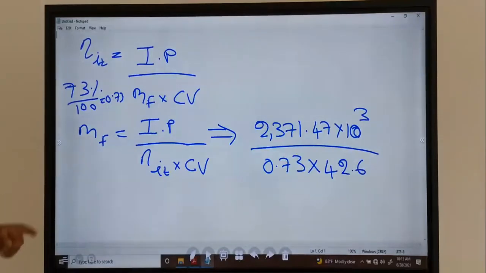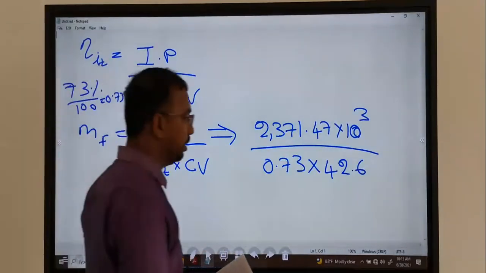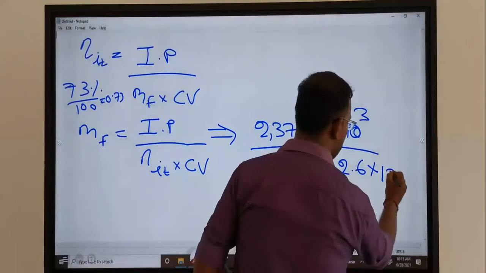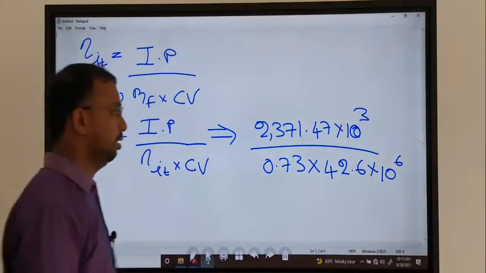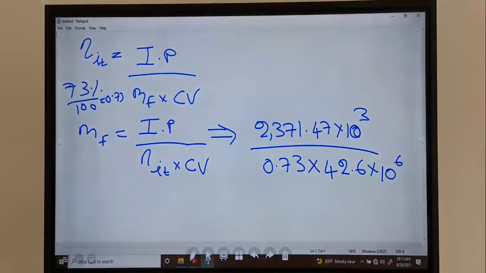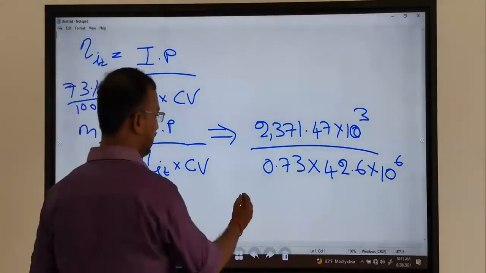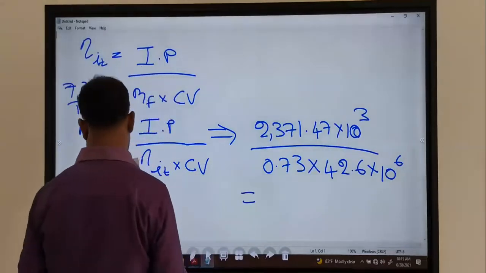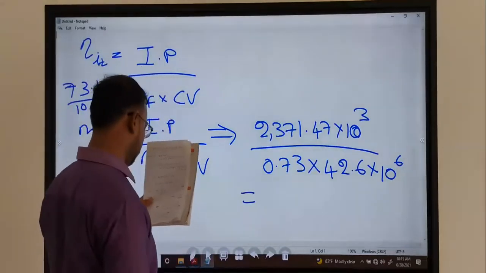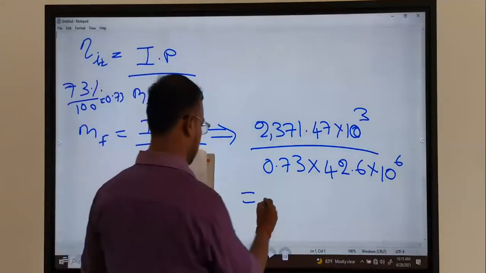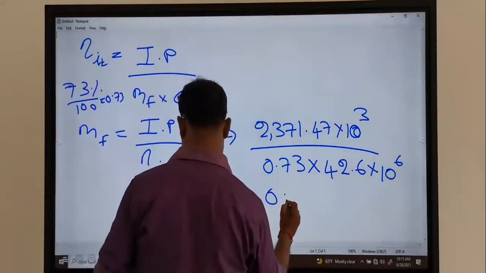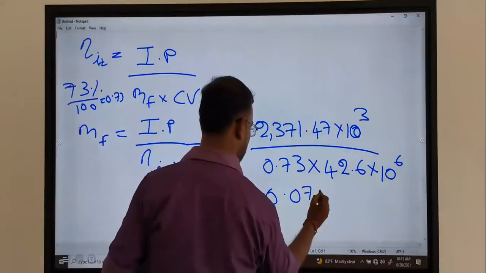We have to put the megajoule, so here we change it to joule, 10 to the power 6. So now we find the value of MF comes to 0.076.